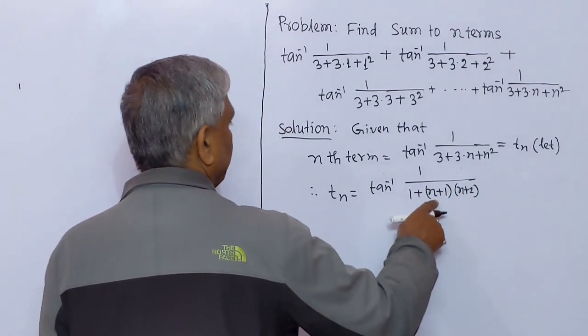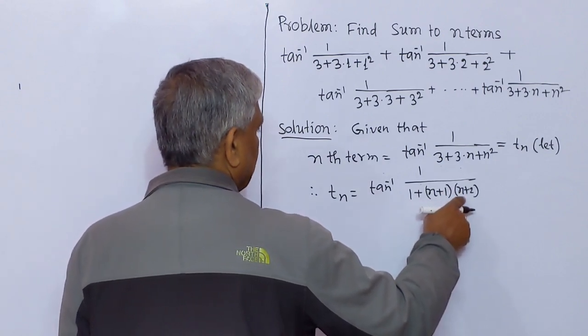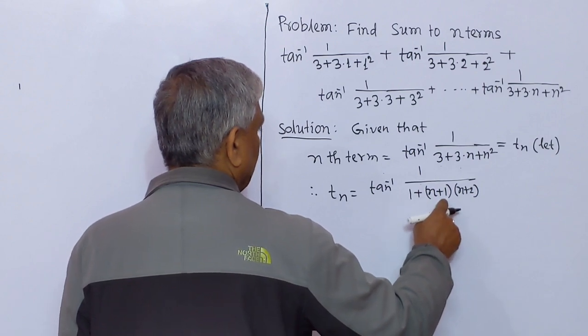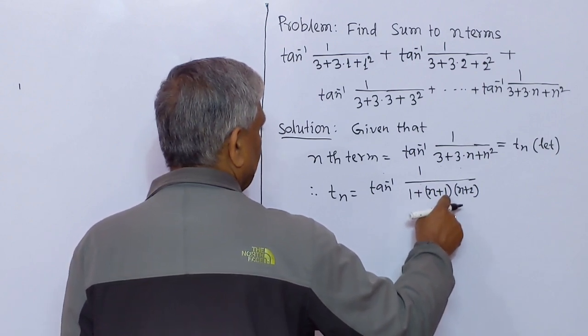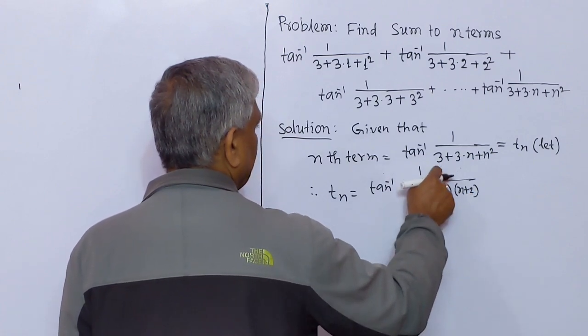Here if we calculate, this is n square plus 2n plus 1, n, 3n, plus 2, which is 1 multiply 2 plus 1, 3.